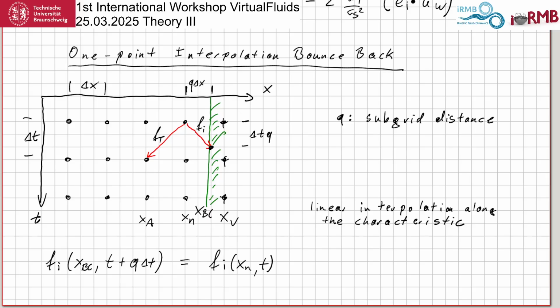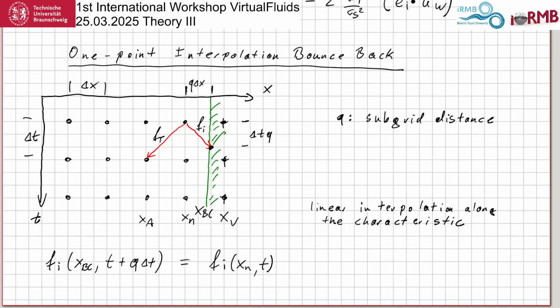Now we have to use linear interpolation, which is the, what is it called? The lever rule. So you take the distance of the other side. It's now linear interpolation.